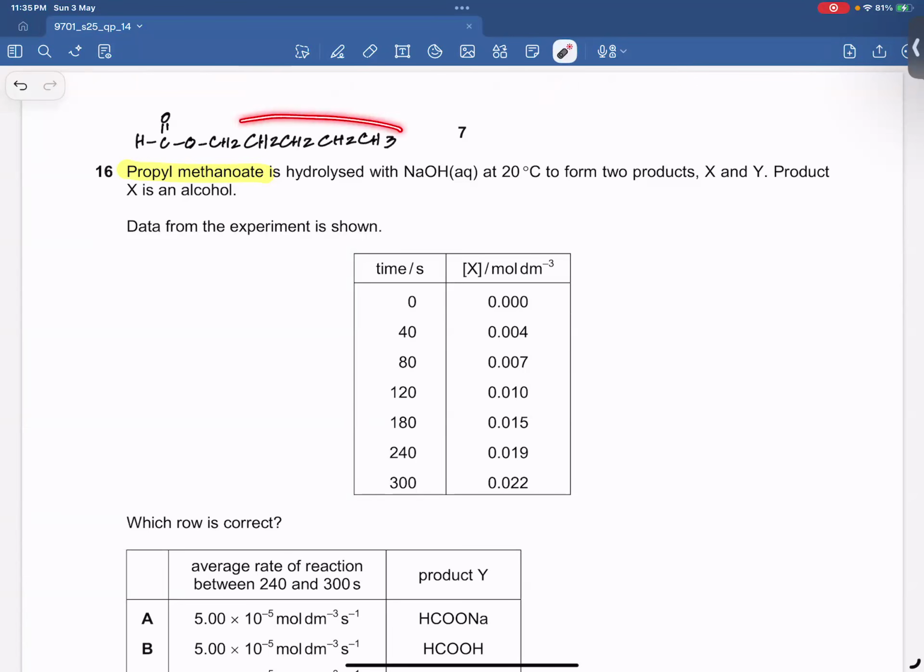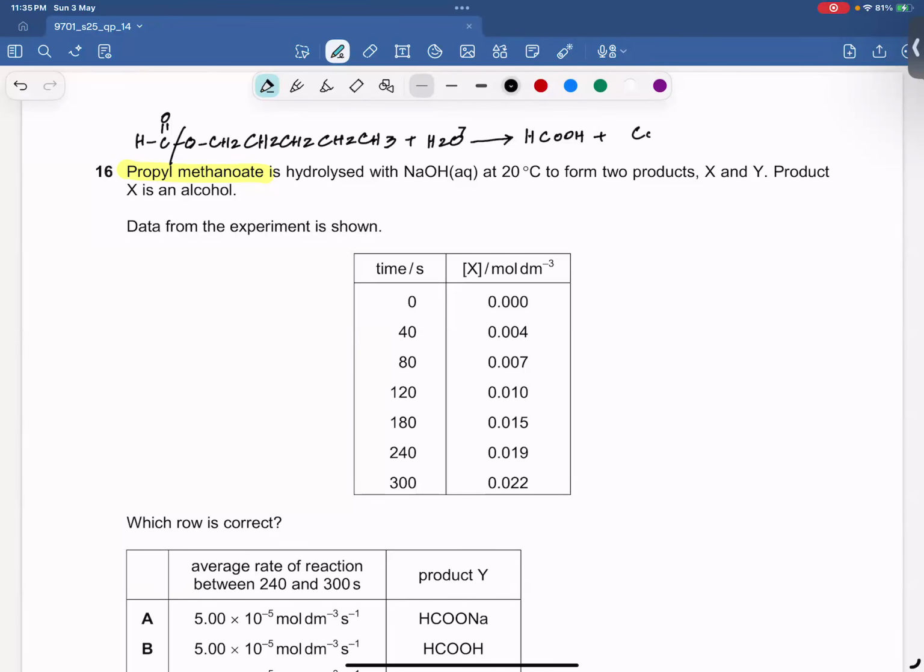So basically, this is propyl, and this is methanoate. Is hydrolyzed with NaOH at 20 degrees Celsius to form two products, X and Y. So when it is hydrolyzed, obviously bond यहाँ से break होगा. It will turn to methanoic acid and pentanol, C5H11OH.